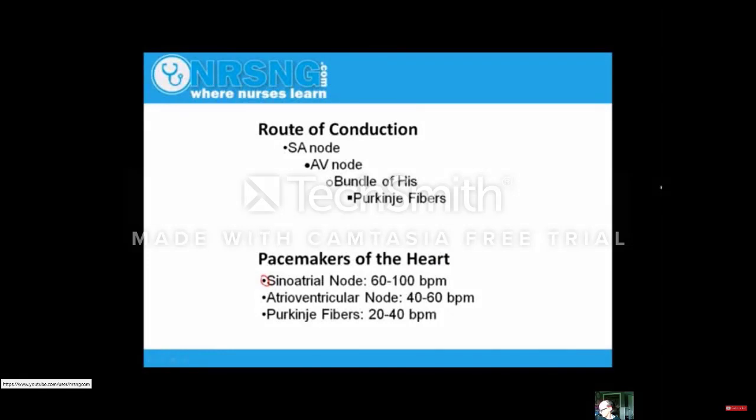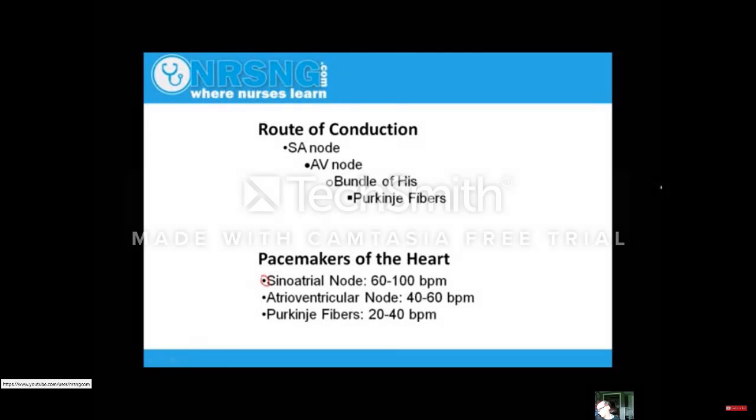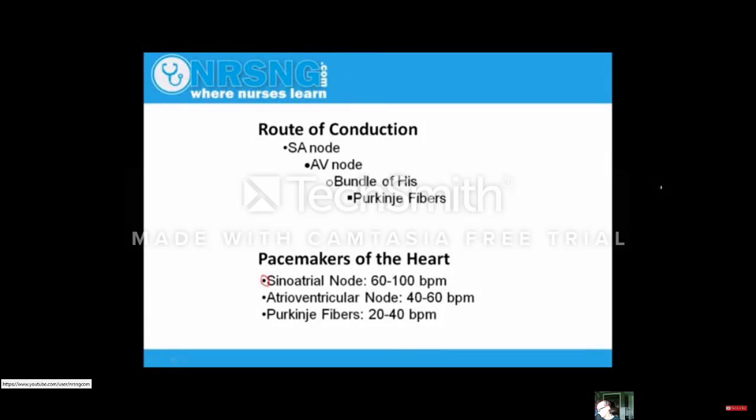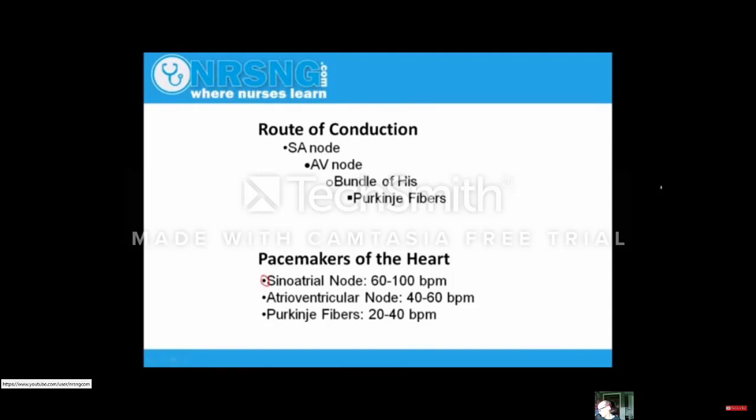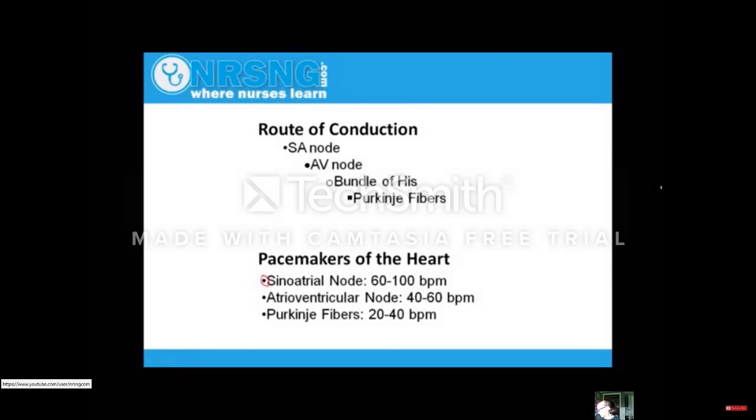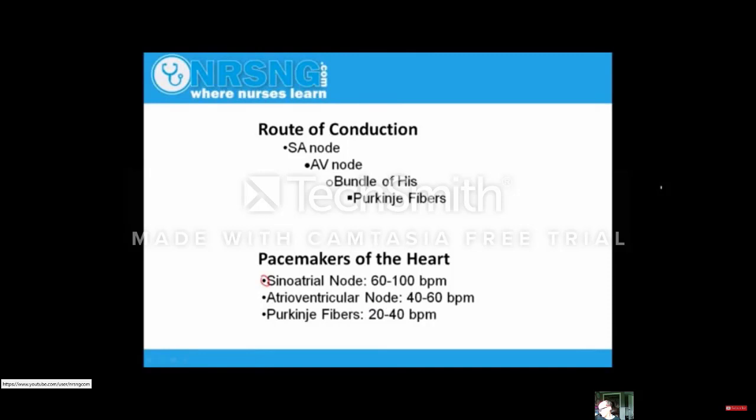If you're more athletic, with stronger heart muscle, it might be a little lower, so we need to examine our EKG to determine if the bradycardia is coming from athletic conditioning, sleeping, or from the impulse not initiating in the SA node. Your SA node is your ideal pacemaker, initiating an impulse every 60 to 100 beats per minute.